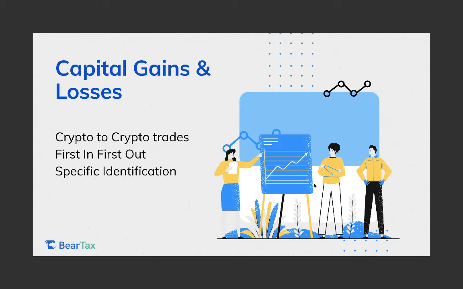Specific identification is like, I bought this lot of cryptocurrency, and then I sold that specific lot. If you can identify the lots, like when you're doing business or buying for your clients, then you'll have a clear set of lots, what you bought and what you sold, so you can match them exactly without following first in first out.